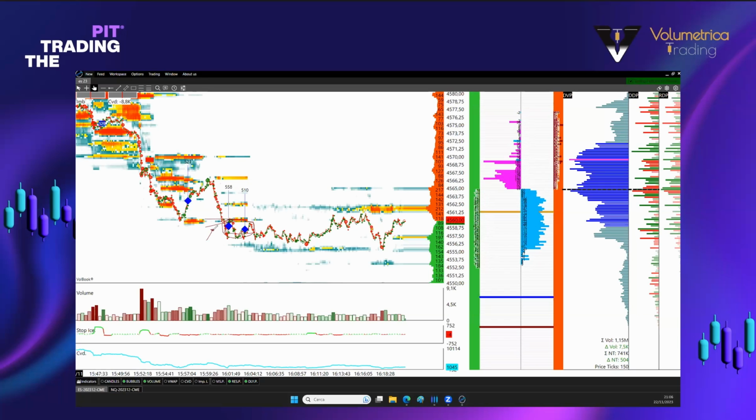The next move should be up. Okay, cool. But in order to try to go in that direction, I need at least to see a confirmation of initiation above, at least.